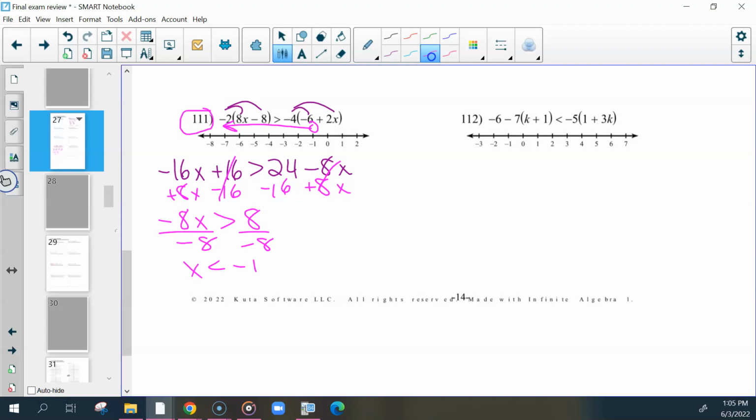Yeah, 112. So for 112, we need to distribute. So this would give us negative 6 minus 7k minus 7 is less than negative 5 minus 15k.